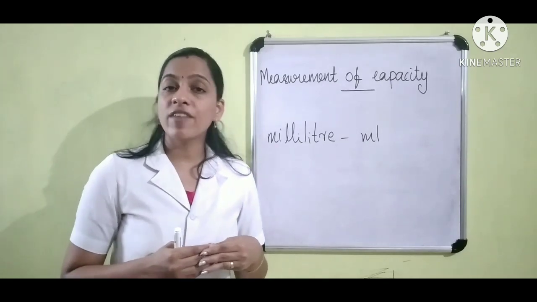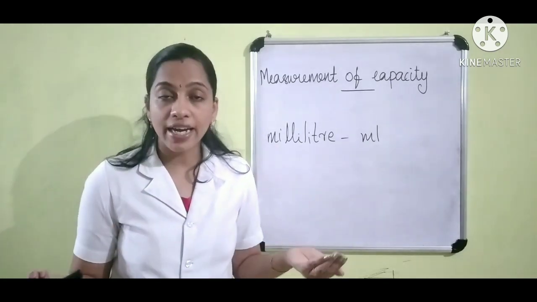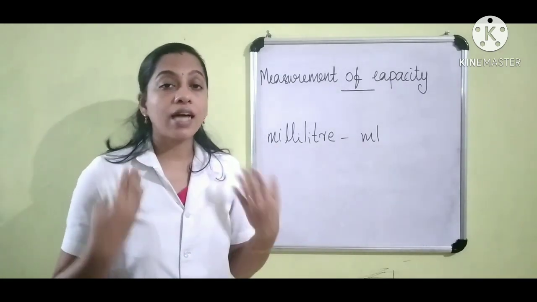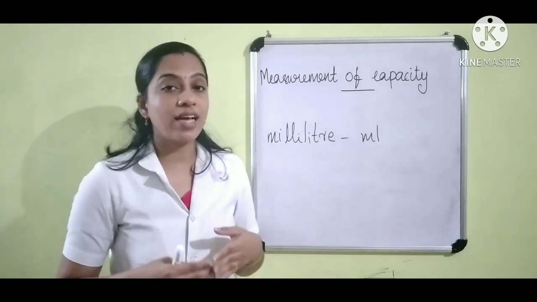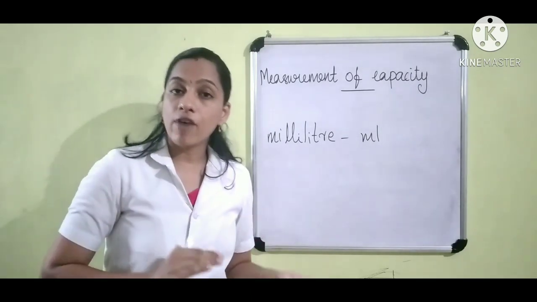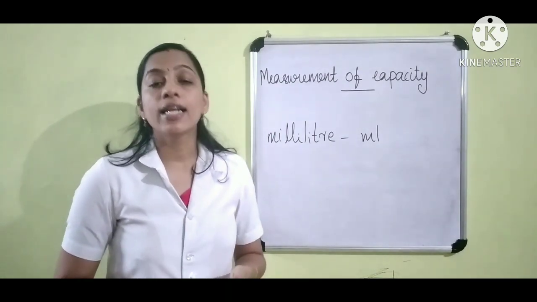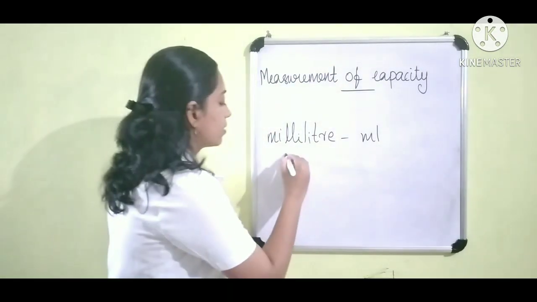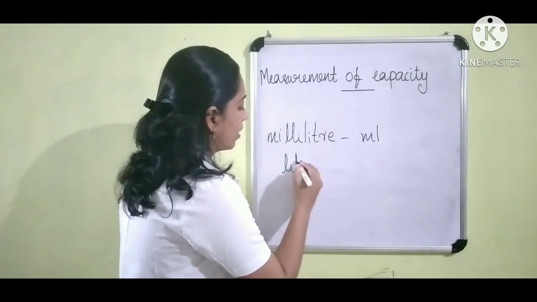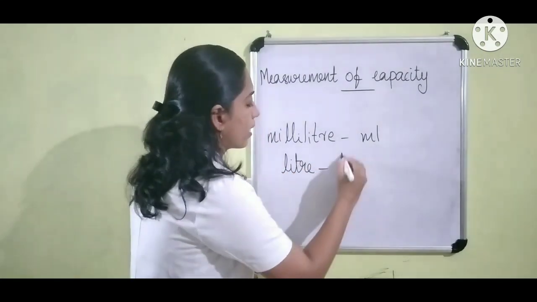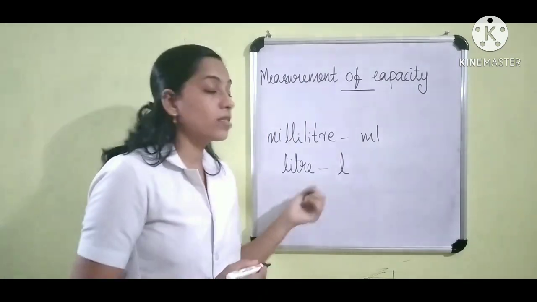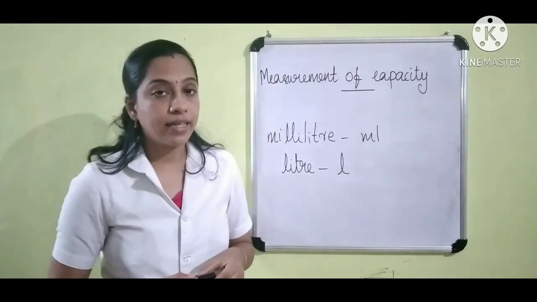Then tell me, how can we measure the capacity of large containers? To measure the capacity of large containers such as a bucket, a water tank, a drum, we use a standard unit called liter. That is L-I-T-R-E, liter. It is written in short as L. L is the short form of liter.